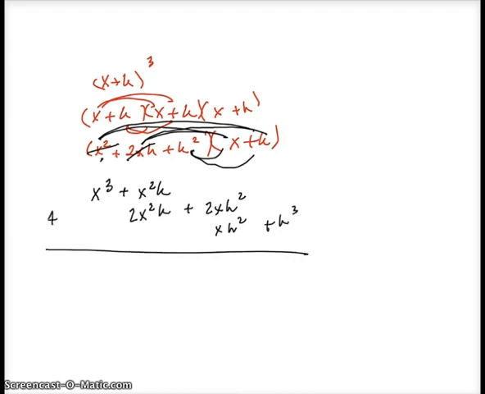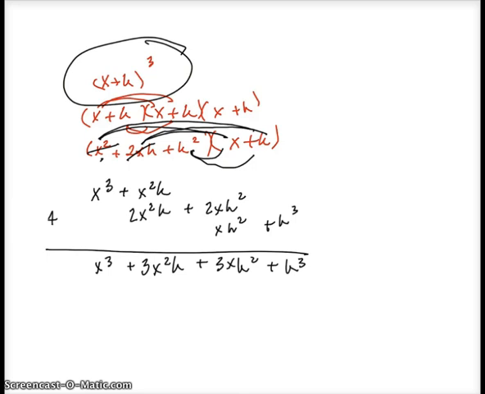So now I'll add all my like terms. And so now I have expanded x plus h to the third power. I'm going to take that back to the previous page and put it back into the problem.